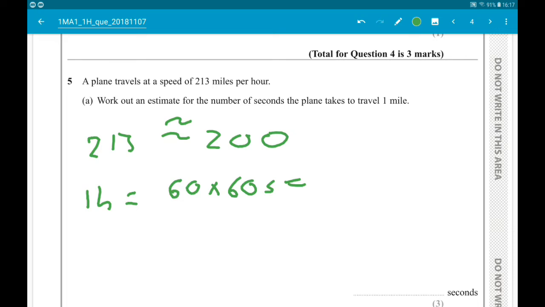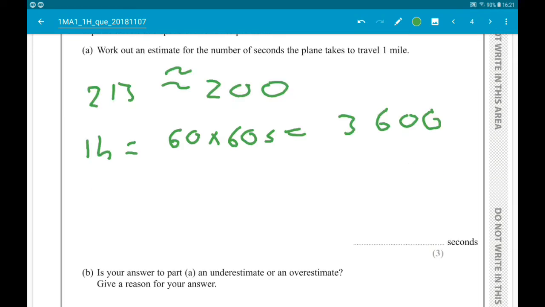Now, 10 times 60 is 600, 6 times that is 3,600. Okay, so we now know that we go approximately 200 miles in 3,600 seconds.